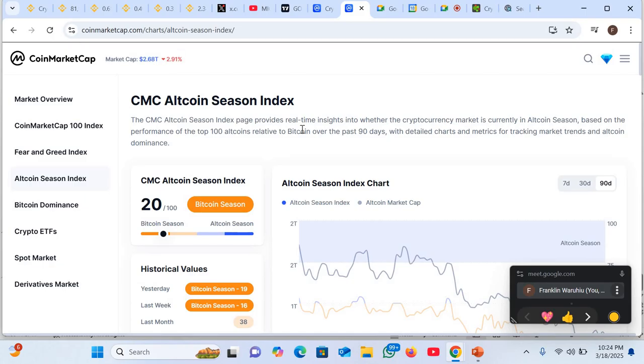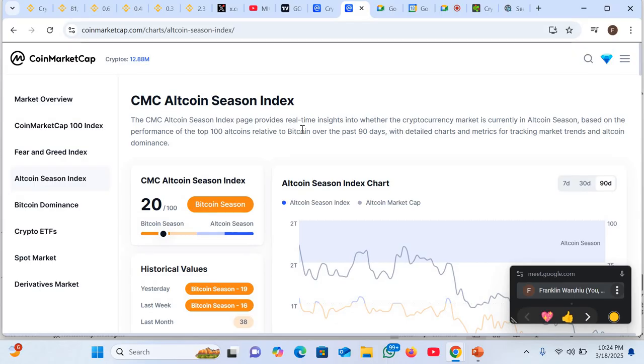So when you're talking about alt season, for the alt season to begin, it simply means Bitcoin dominance has to drop, and people have to move money from Bitcoin to altcoins.